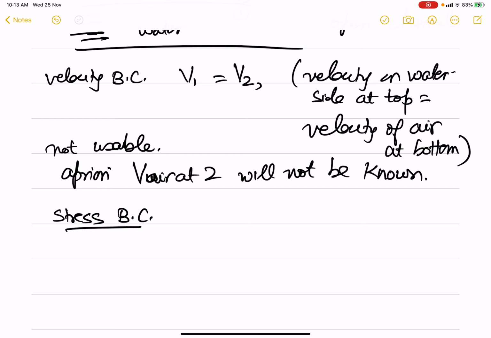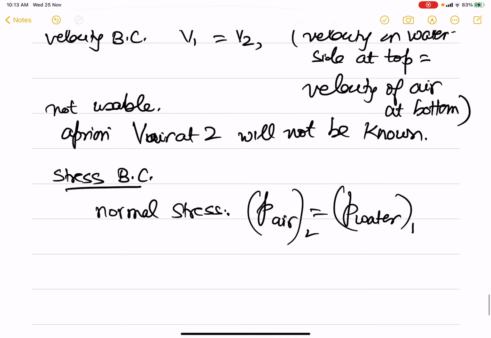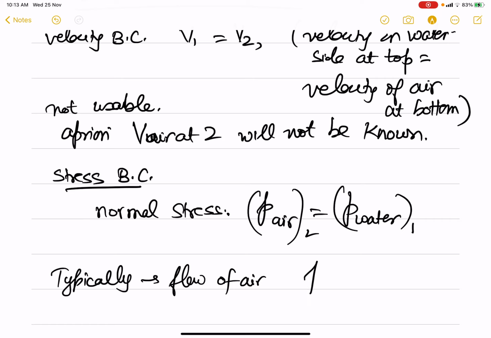If we look at the stress boundary condition on this surface, the normal stress boundary condition tells us that pressure on the air side will be equal to pressure on the water side. This is the pressure at 2 equal to the pressure of the water at 1. And typically when we have flow of air under normal circumstances, we say pressure is equal to P atmosphere.